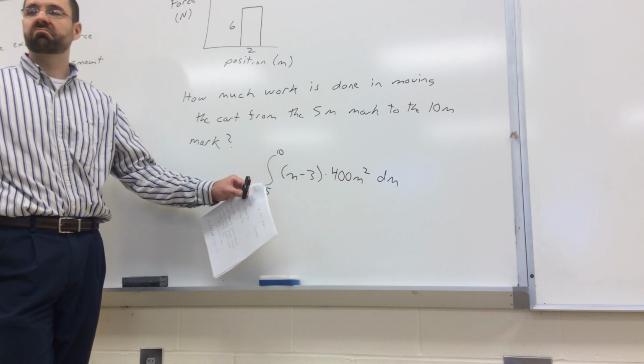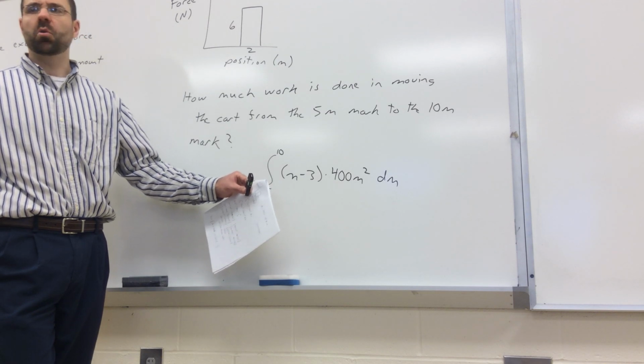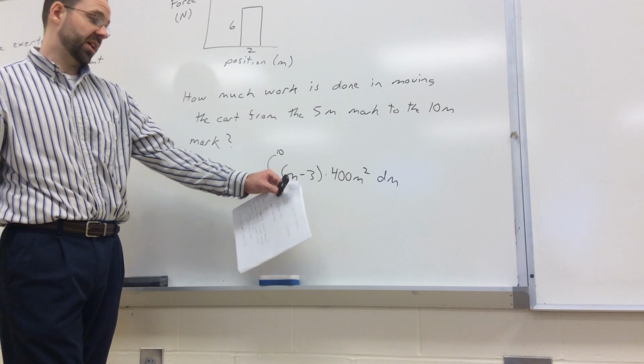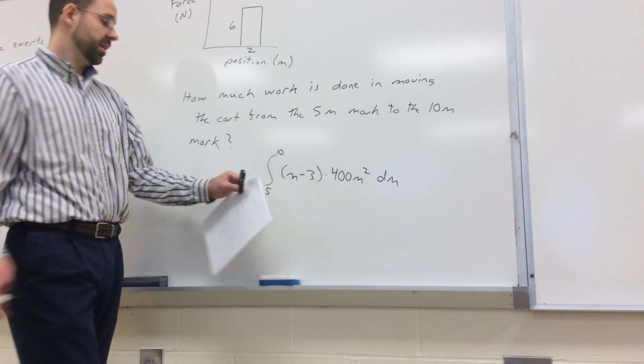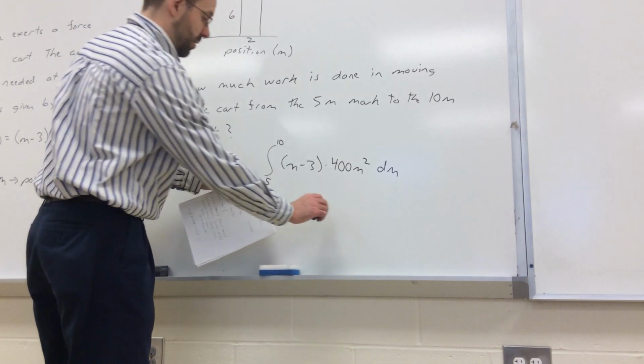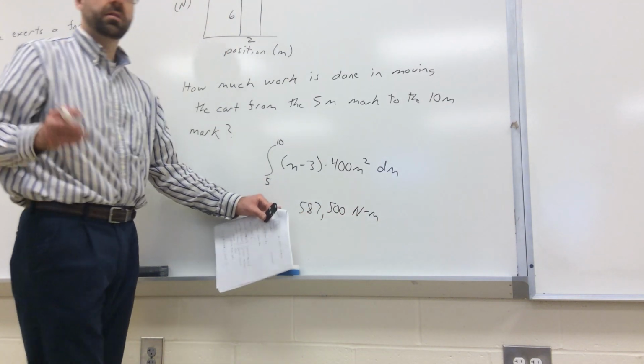You don't want to just completely stop integrating by hand. So on the homework, do some of the problems by hand, some of them not. But to save time during class, we're just going to do Math 9 for this. And it comes out to 587,500 newton meters.